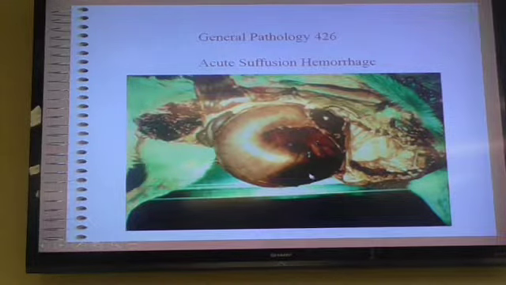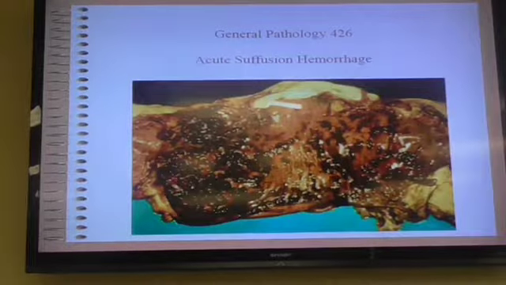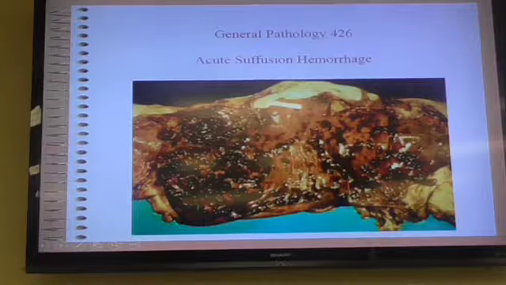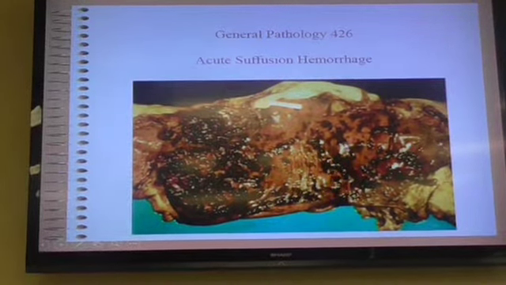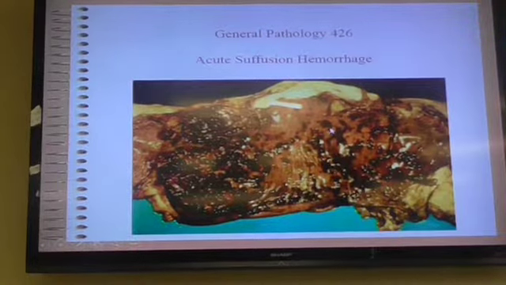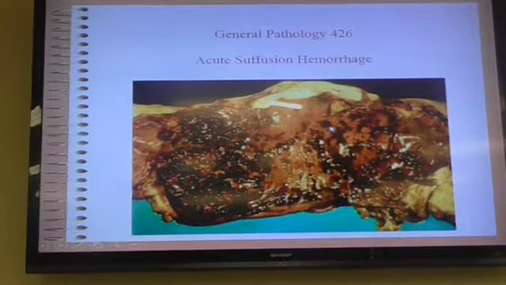That's the hemorrhage. This is the abomasum, and then numerous hemorrhages here. These are actually due to ulcers that were present, ulcerations.